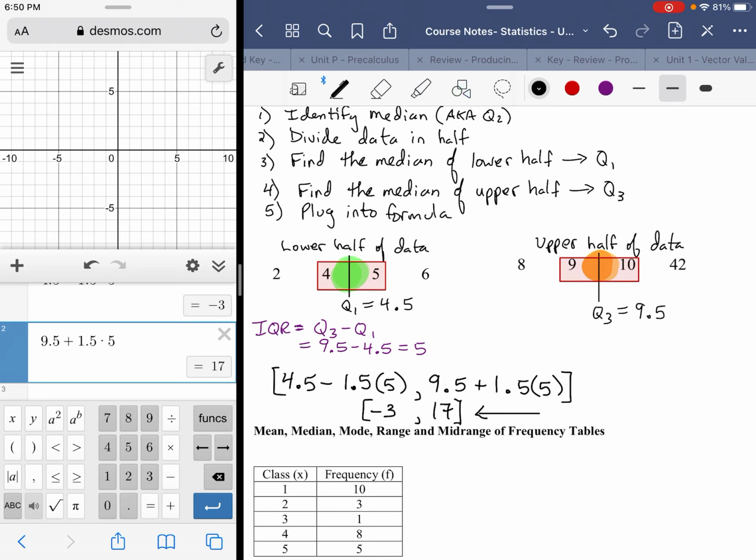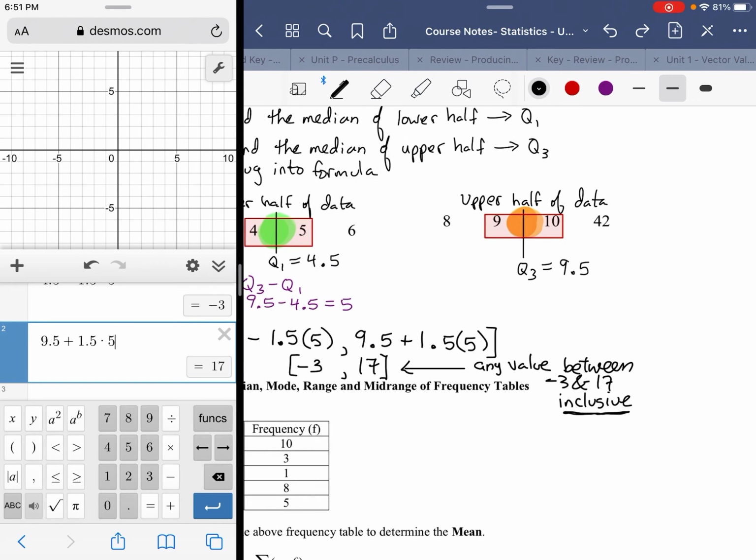So any value between, if I can write, -3 and 17 inclusive, meaning it can be a -3 and it can be a 17, is going to be considered not an outlier.